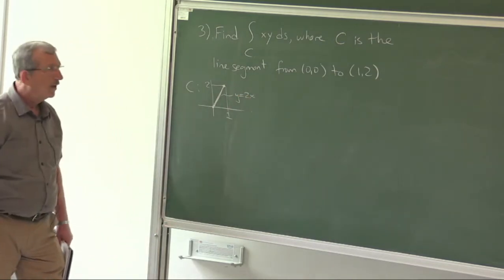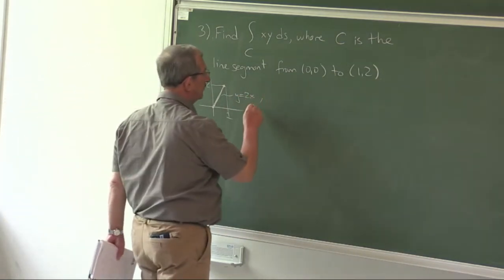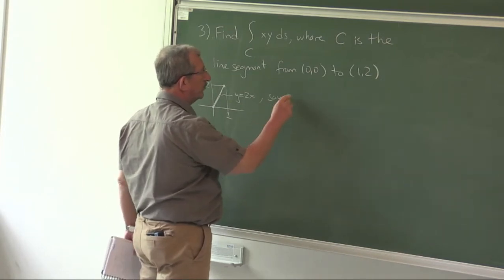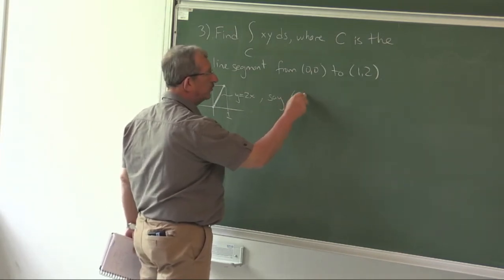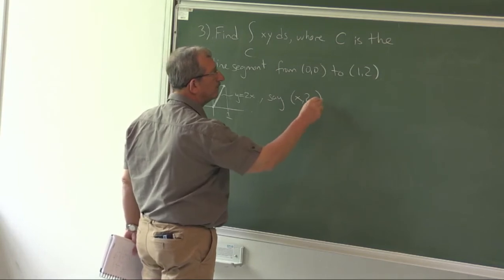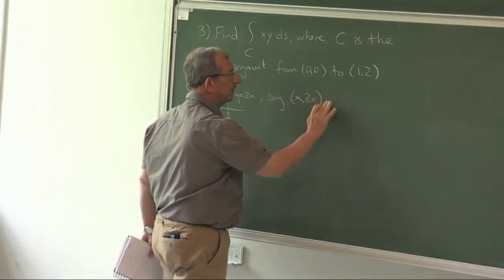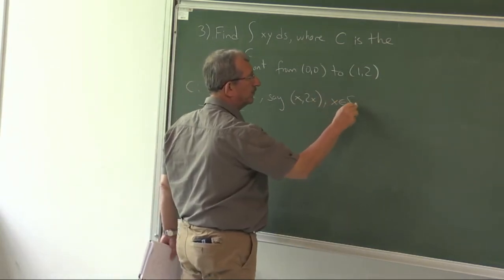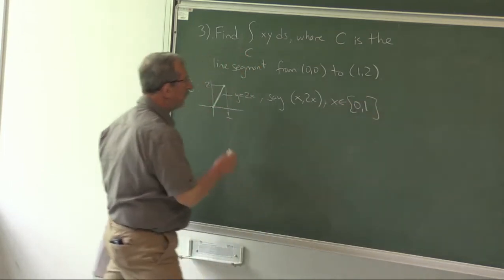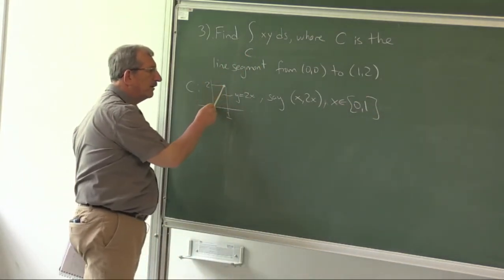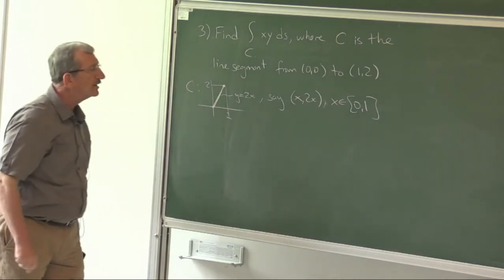So we can formulate it as x and 2x, and x changes from 0 to 1. This, of course, gives us all points on this line segment.